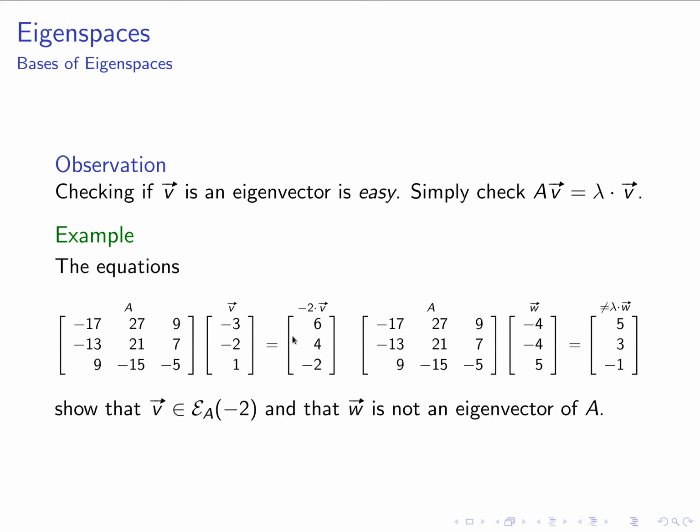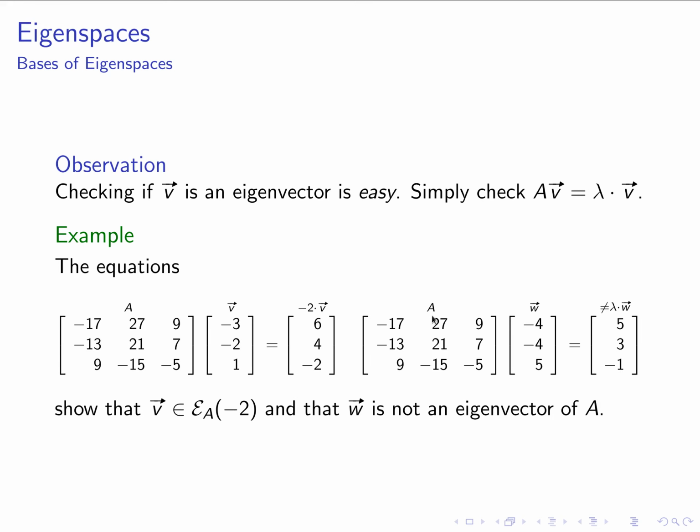This one matrix vector multiplication tells us that v is an eigenvector of A, and its associated eigenvalue is -2. So it's appropriate here to write v belongs to the eigenspace of A, where the eigenvalue is -2.